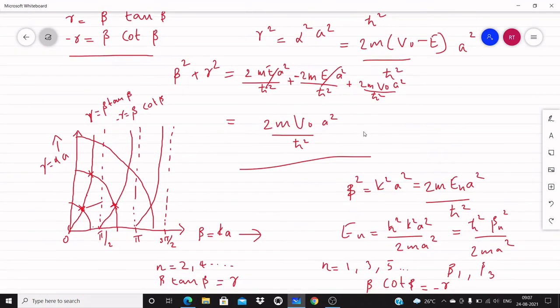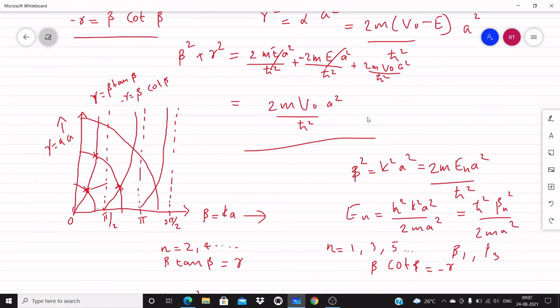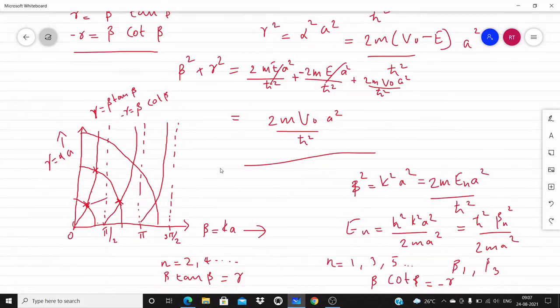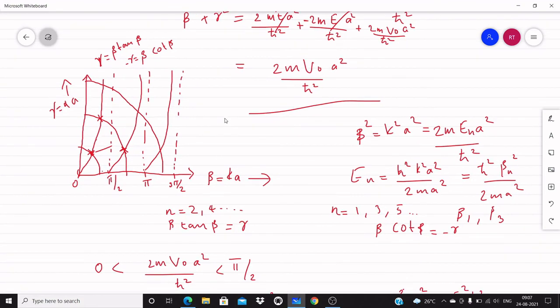So we have plotted the circle and these two equations, beta tan beta equal to gamma and beta cot beta equal to minus gamma. We have a specific pattern obtained, and analyzing that pattern we obtained different values of energy.